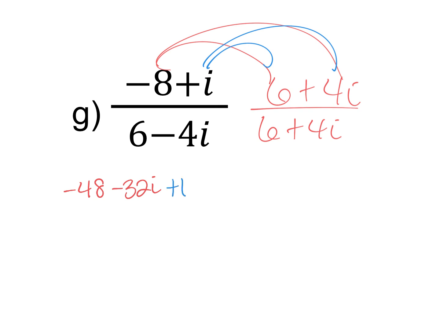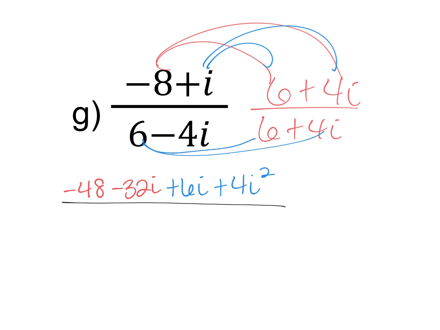So positive 6i plus 4i squared. Let's do the bottom. Distribute your 6, so 36 plus 24i, and then distribute your negative 4. Negative 24i minus 4i squared. Ooh, 16i squared, almost made a mistake.